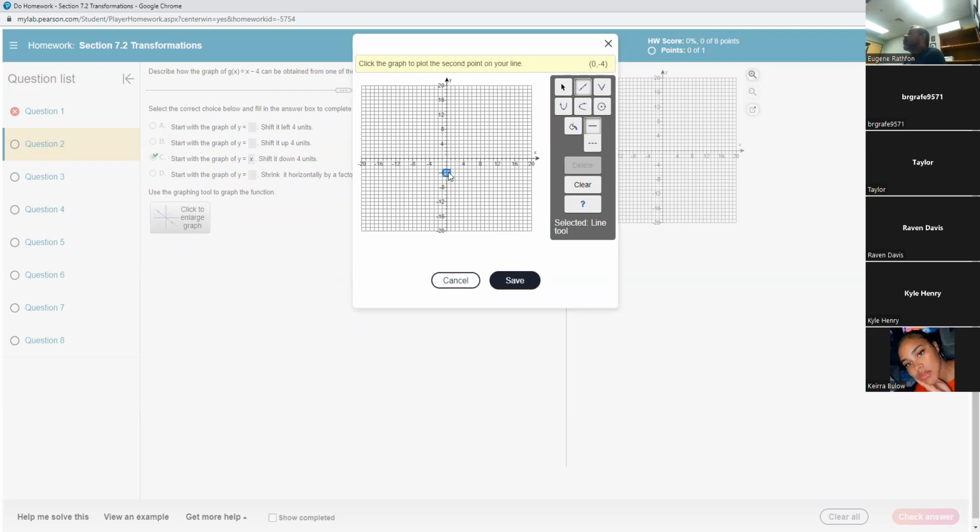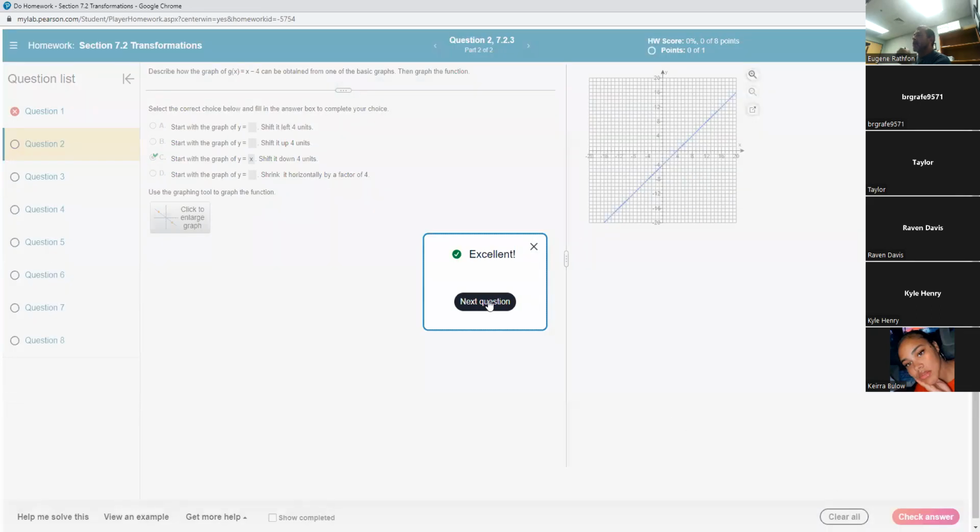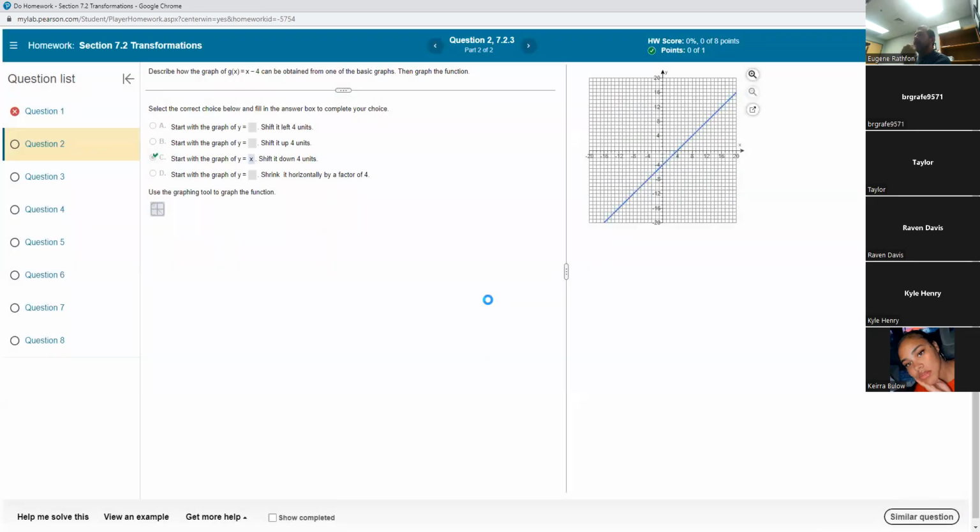And let's say x is 1. If x is 1, 1 minus 4 gives me a negative 3. So I'll go to 1, negative 3, and put my second point. The line tool is the only one where you physically have to graph it, okay? So at that point, you'll save it and move on.